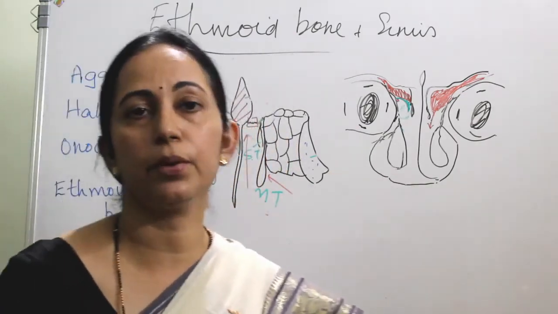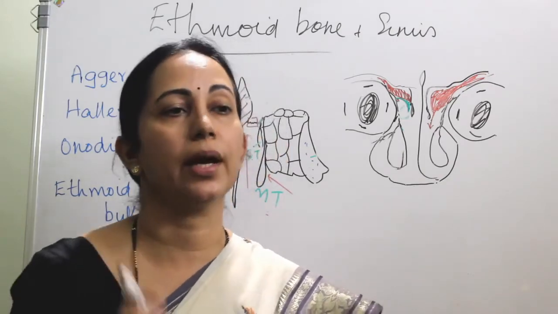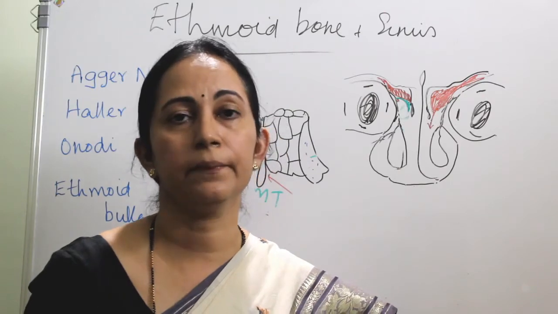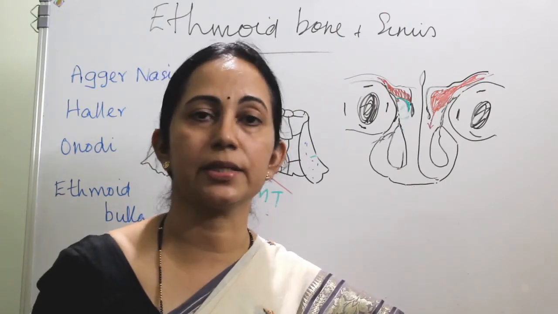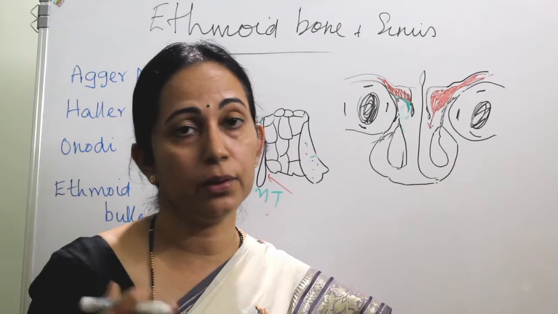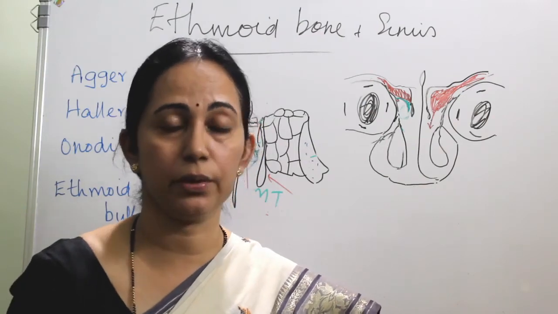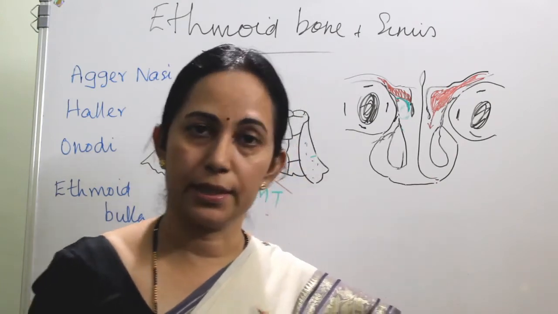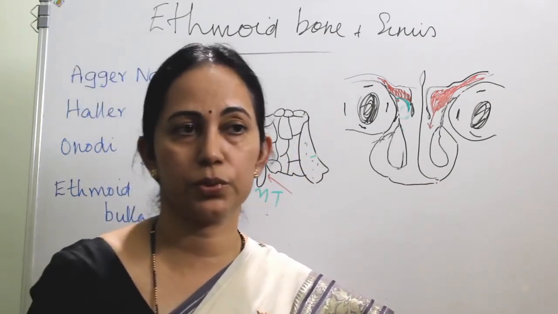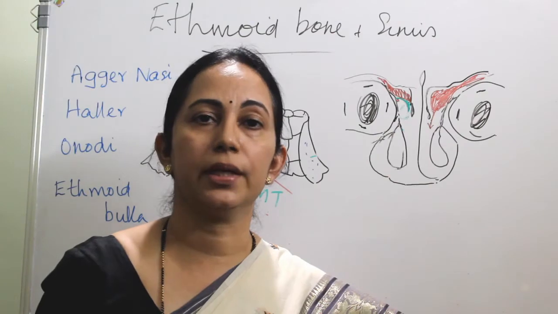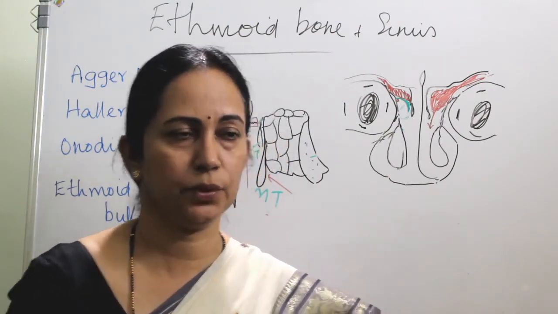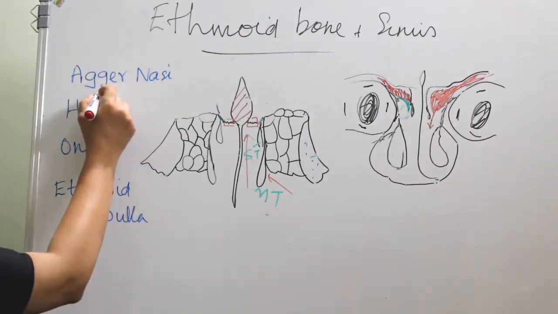Okay, so that is the importance of Agger nasi cell. Agger nasi cell is an anteriormost anterior ethmoidal air cell, and when extensively pneumatized, it can cause blockage of the frontonasal duct or the frontal recess area, leading to recurrent frontal sinusitis. So the treatment is removal of the Agger nasi and clearance of the frontal recess area. Okay, and that is regarding the Agger nasi.